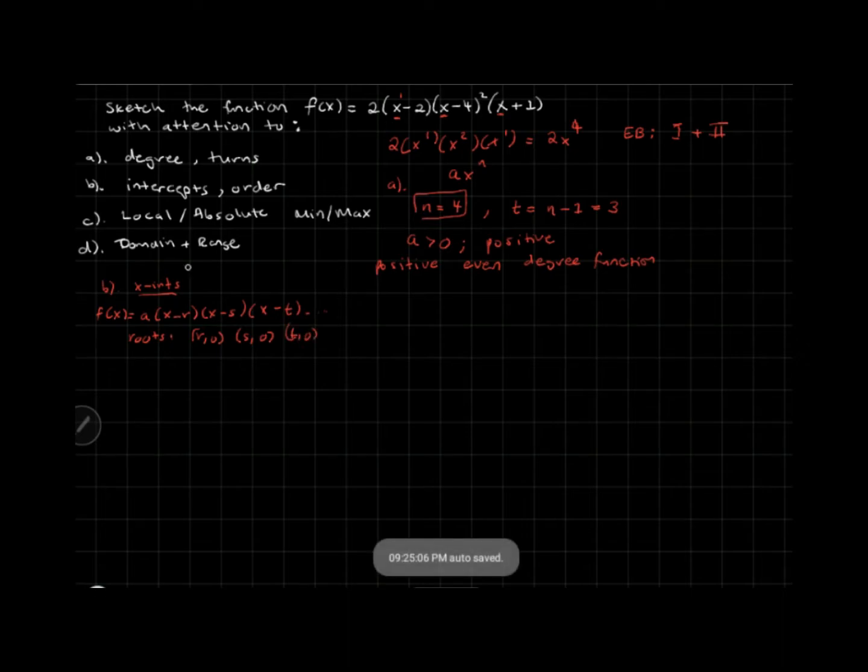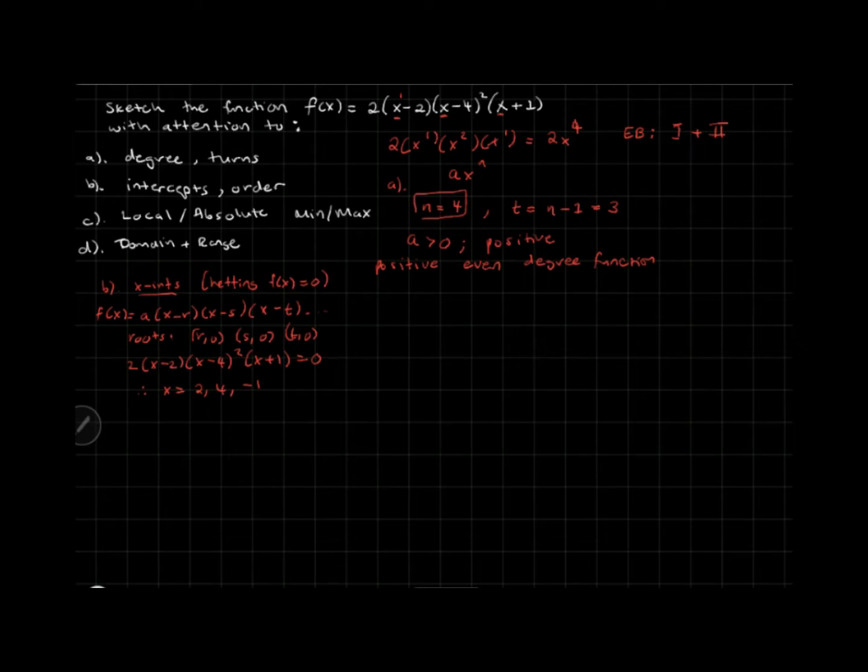So we can find our x-intercepts by letting f of x equal 0, and your roots here would be 2 times (x minus 2) times (x minus 4) squared times (x plus 1) is equal to 0. So therefore, x can be equal to 2, 4, and negative 1. Okay, so those are your x-intercepts.